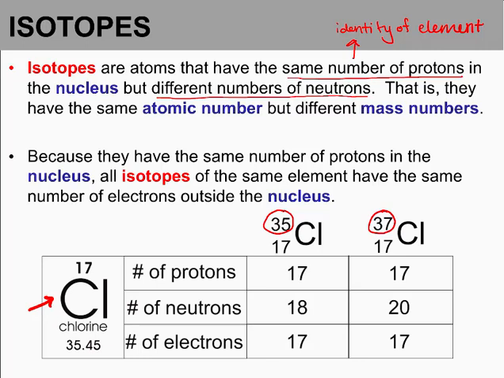Now down on the lower left for each of these isotopes, the number of protons, or the atomic number, is exactly the same, because remember that the number of protons defines an element. So now we can take the difference between the mass number and the atomic number to find the number of neutrons.